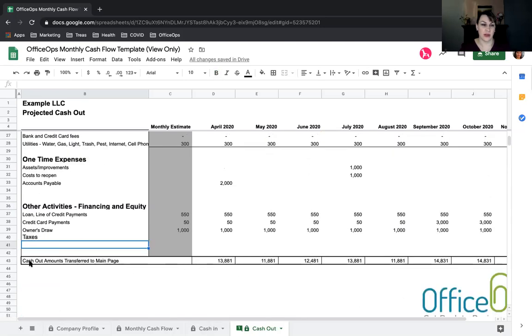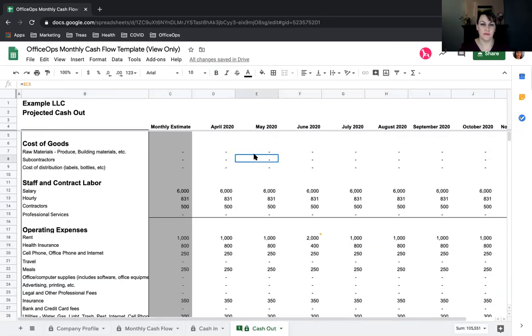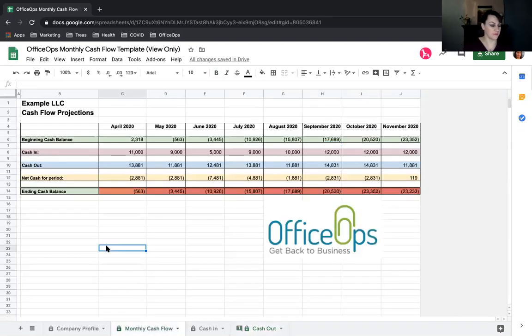So, okay, we have our cash out amounts per month. We did our income. So now we are going to go to, drum roll please, the big picture. Okay, so big picture, overall, how does this look?